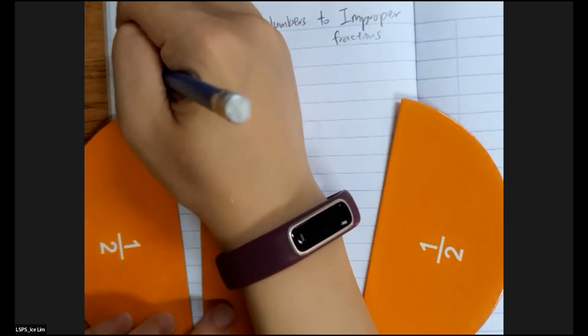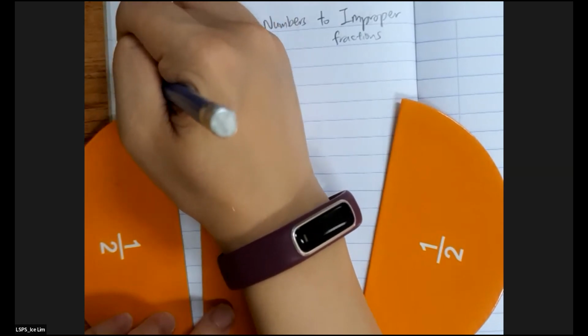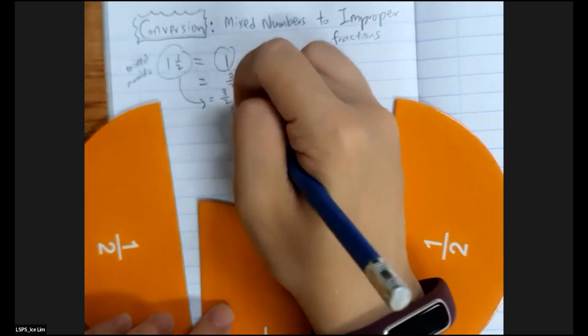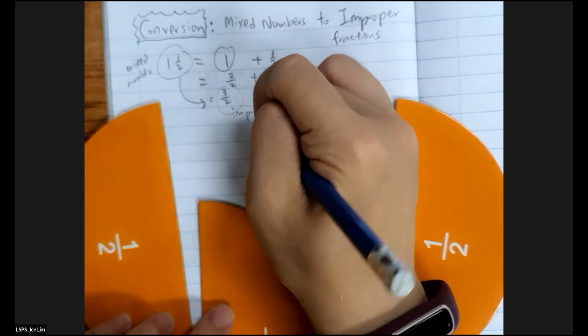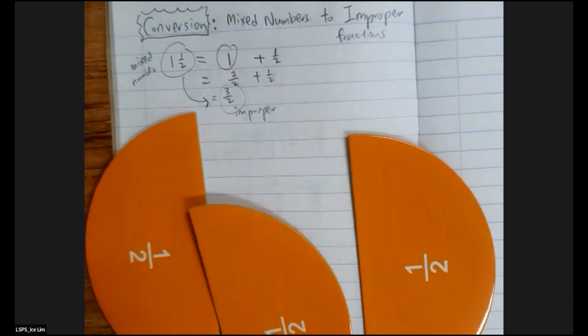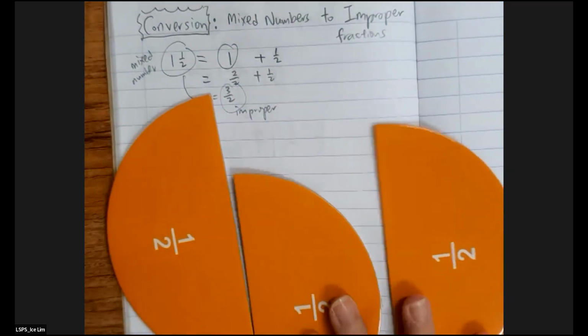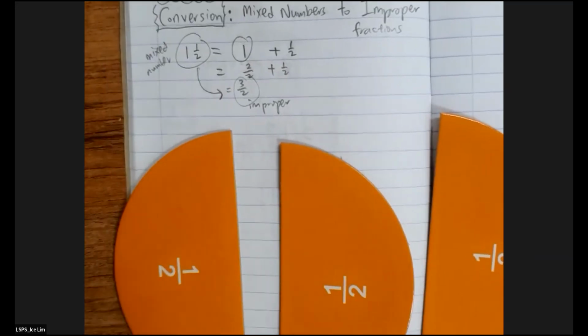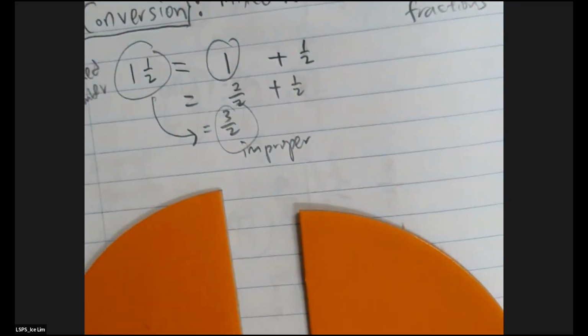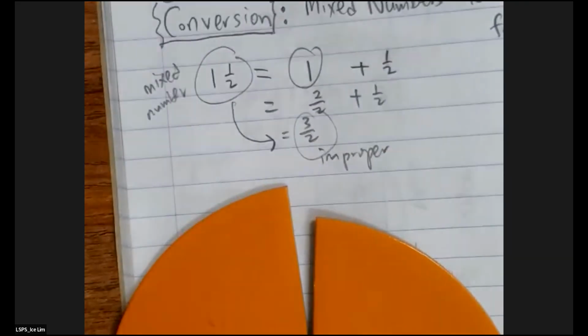So this is a mixed number, and this is the improper fraction. Is it at the simplest form already? Yes. Can you see? Is this okay? Okay, then move on to the next example.